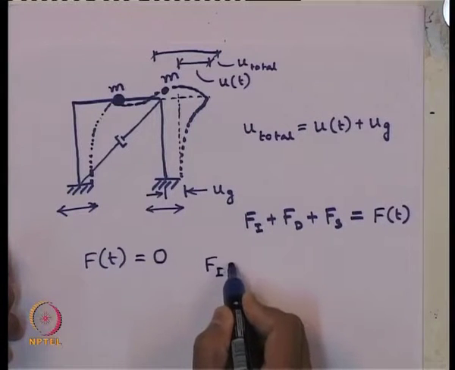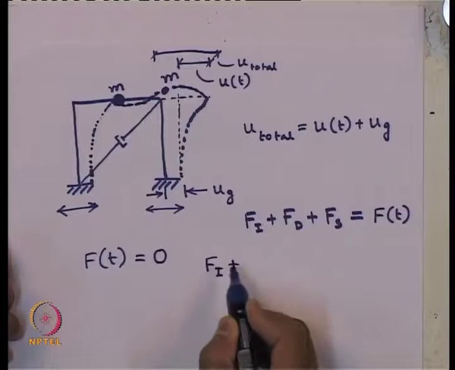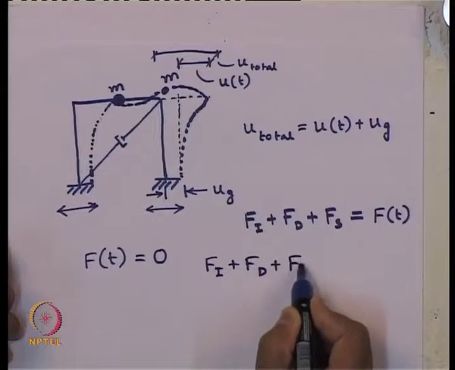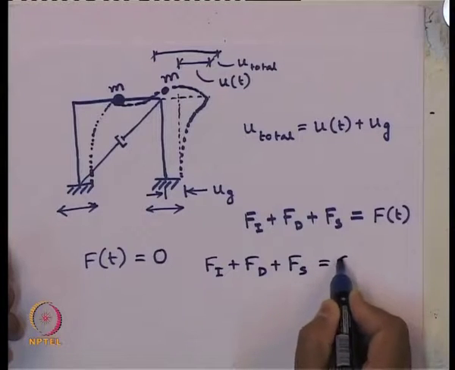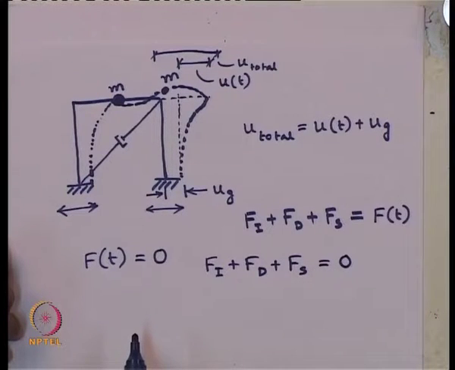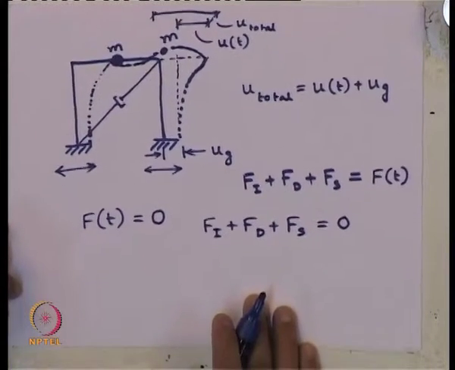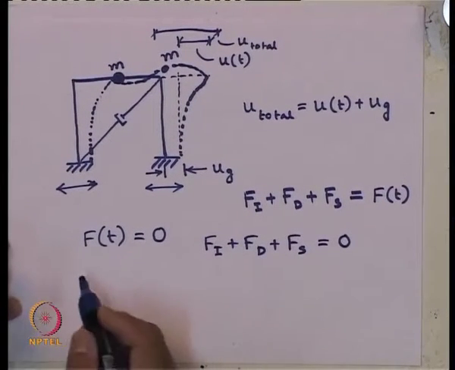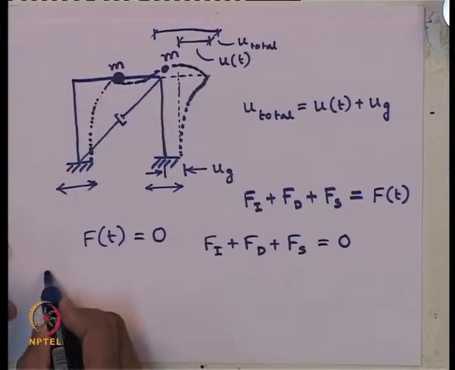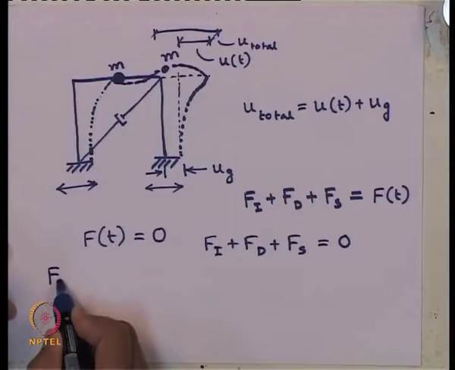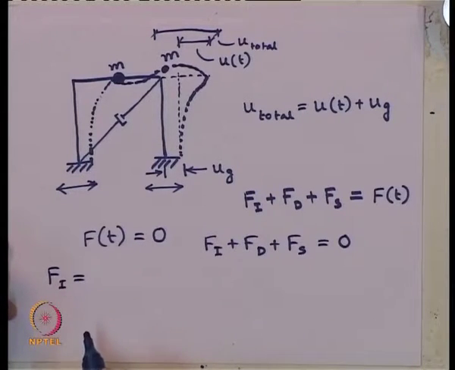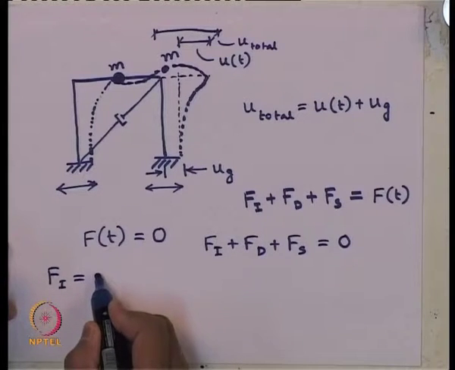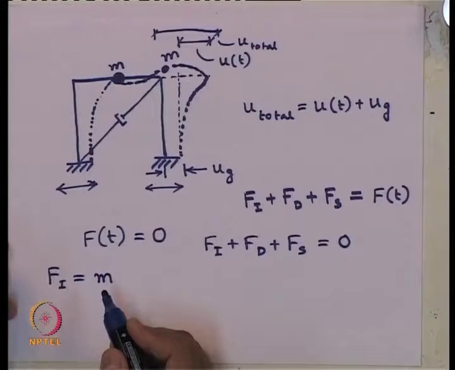So, the equation is F I, the inertia force, plus F d, the damper force, plus the spring force equals 0 in this case of earthquake excitation. Now, how much is our F of I, that is the inertia force, in this case? Inertia is mass times acceleration.